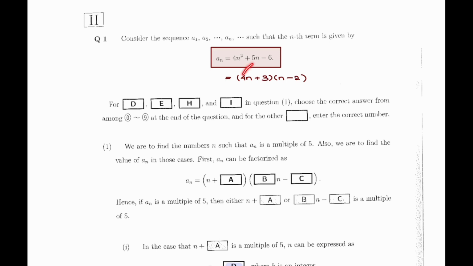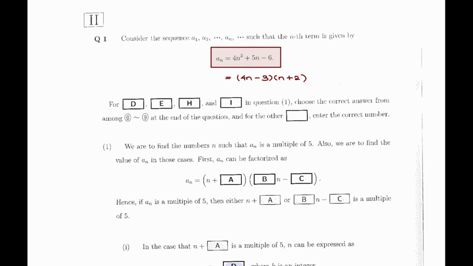Let me check. Negative 8 plus 3. Oh, I think the sign is flipped like this. Plus 8 minus 3 equals plus 5. Yeah, so this is my factorization.